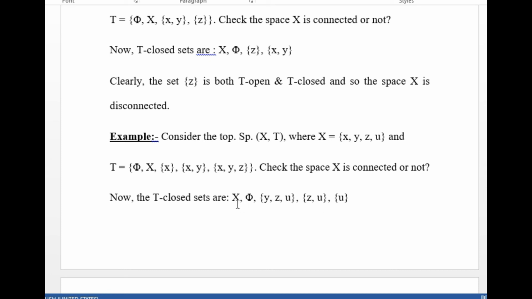Look at this, phi and X both are subsets which are both T open and T closed, and these are improper subsets, while no other proper subset of X is both T open and T closed. So the given topological space (X, T) is connected.